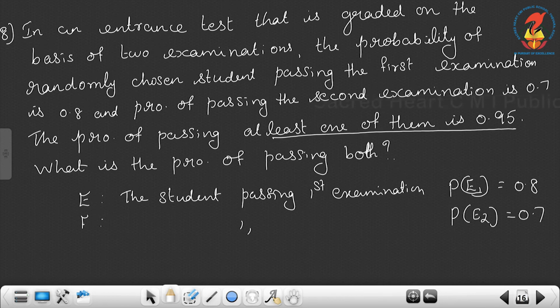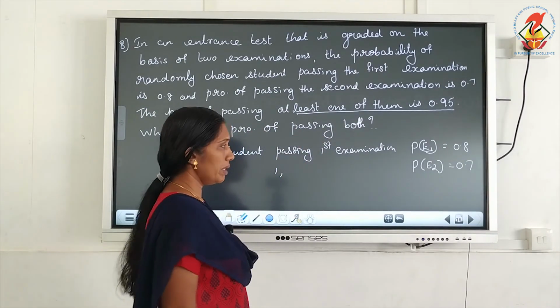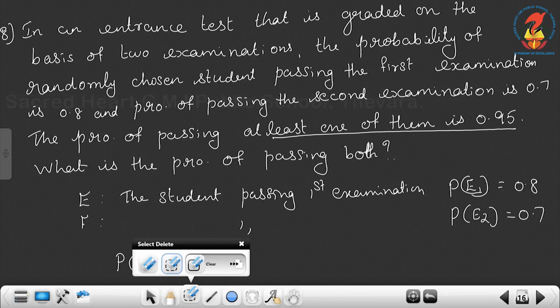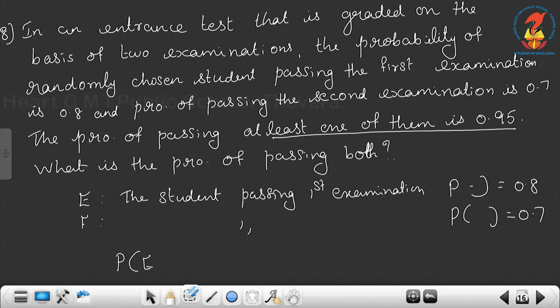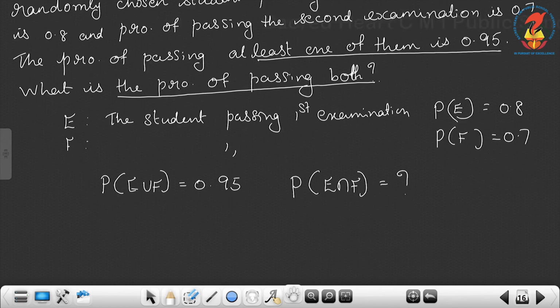At least one of them is the same as either E or F, that is the meaning. So P of E union F is given as 0.95 and we have to find the probability of passing both, that is E intersection F. Both means intersection, or means union, at least means union.